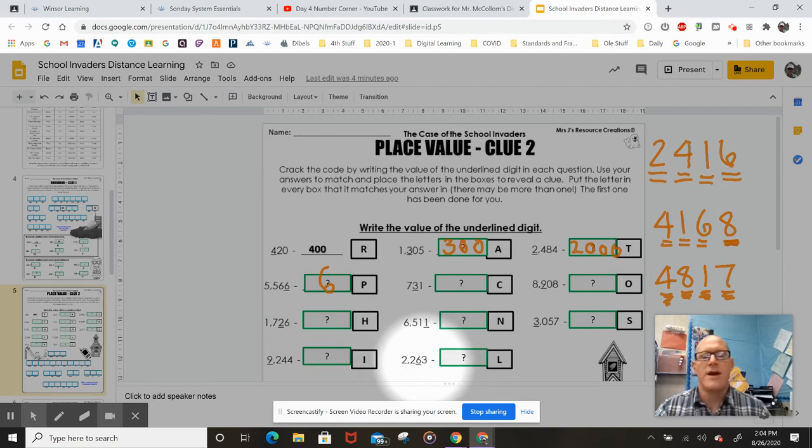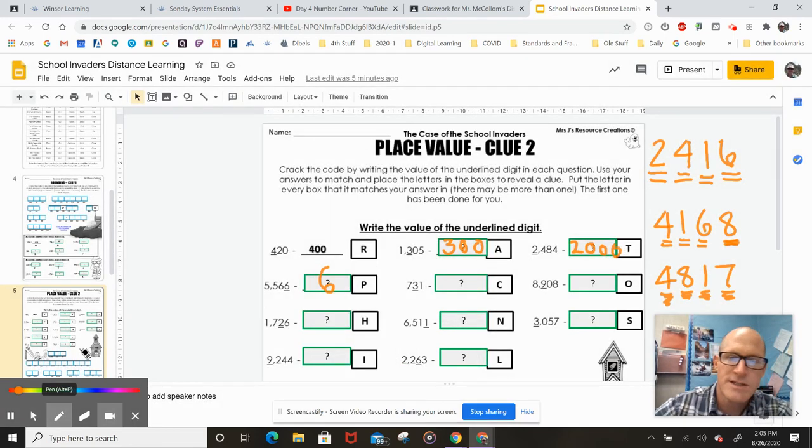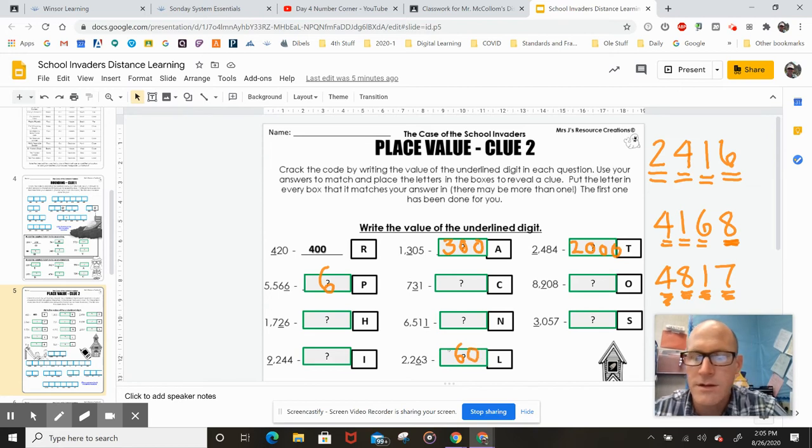Okay, so the value of the underlined number, we have our ones, our tens, our hundreds, and our thousands. So we have 6 tens, or instead of 6 tens, we'd say 60. All right, so hopefully that gives you an example and some help for that.